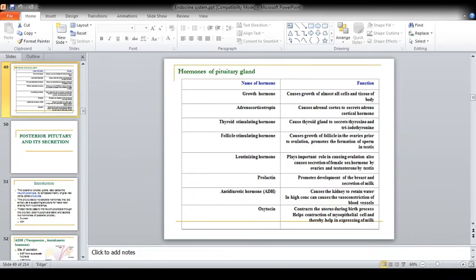So it causes water retention, that is water reabsorption from the collecting ducts in the kidneys. So it is produced from the hypothalamus, transported to pituitary, released by the pituitary, then travels through the blood, goes to kidneys and acts there on kidneys.